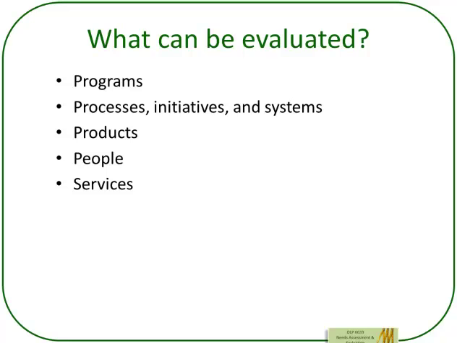What we're going to do, because this is just an entry-level, beginning-level evaluation class, is we're going to be using a general approach to evaluation, but we still can use our general approach to evaluate programs, processes, products, people, and services. If we were to take evaluation class number 2, we would probably dig specifically into the techniques for each of these kinds of evaluation.